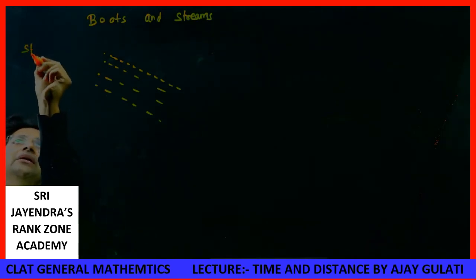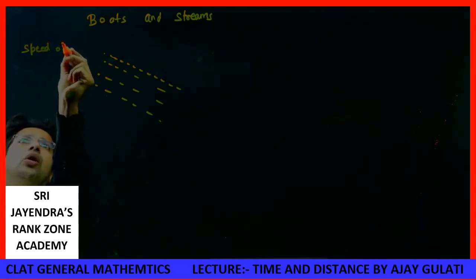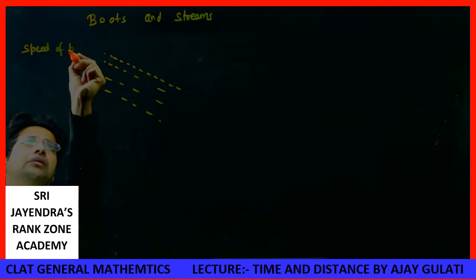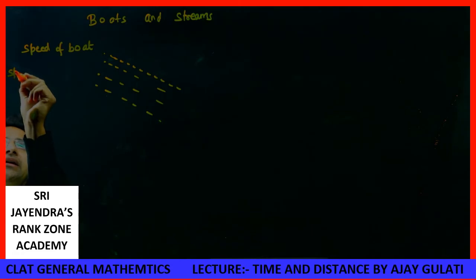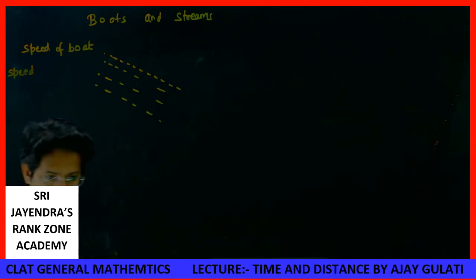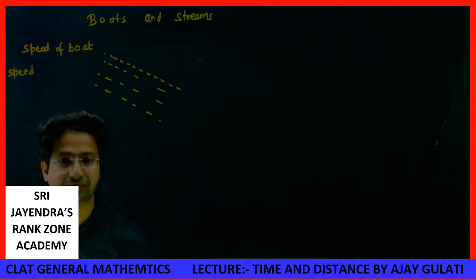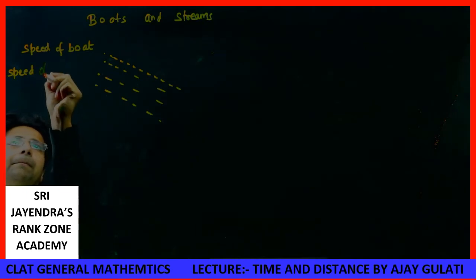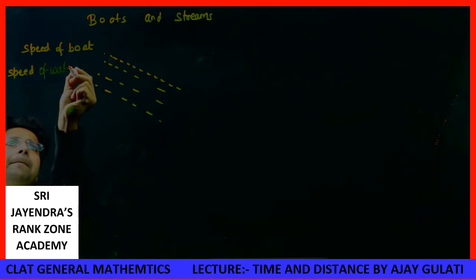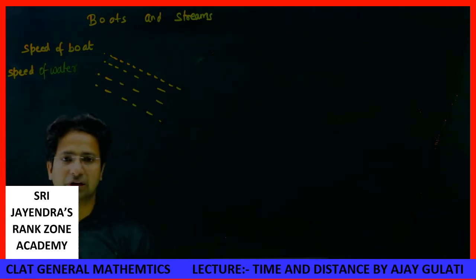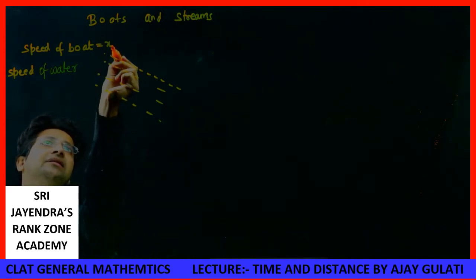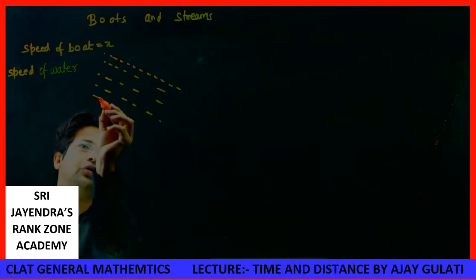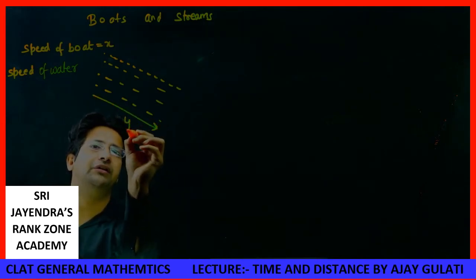Clear? Speed of boat and speed of water. Speed of boat is generally denoted by x, and when this water flows like this, the speed of water is denoted by y.